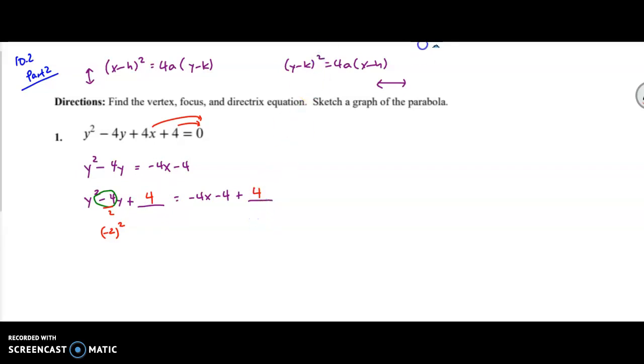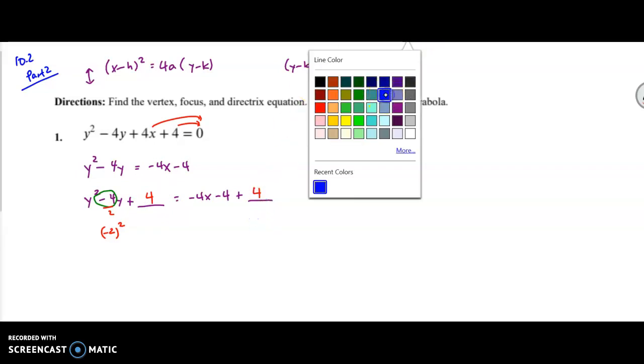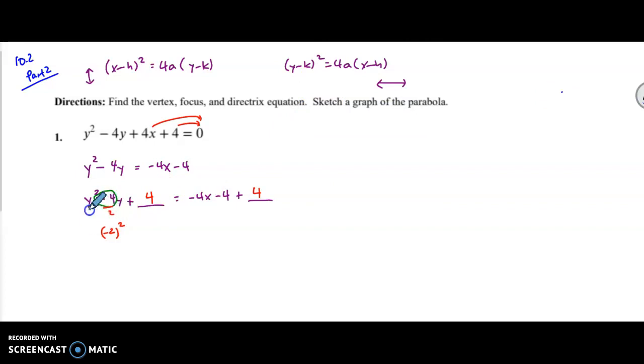Now this is called completing the square because when you look at this trinomial, it factors to y minus 2 and y minus 2, or another way of writing that is y minus 2 squared. That's why it's called completing the square, because we're factoring to the square.